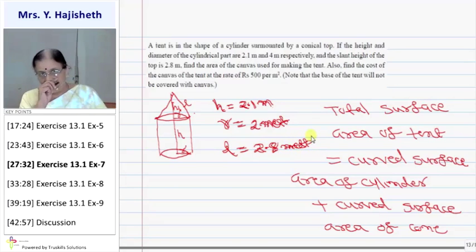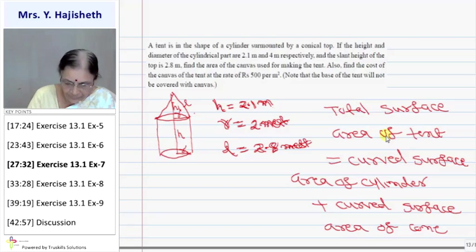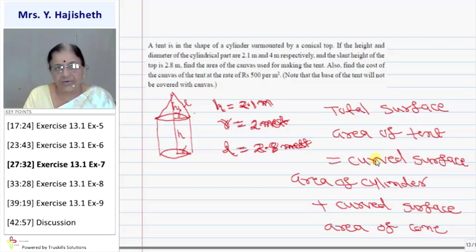This is the data given to you. Now you are asked to find out total surface area. Now what is the total surface area of tent? It is curved surface area of cylinder plus curved surface area of cone. Clear? Because the floor on the land, the base of tent will not be covered with canvas.